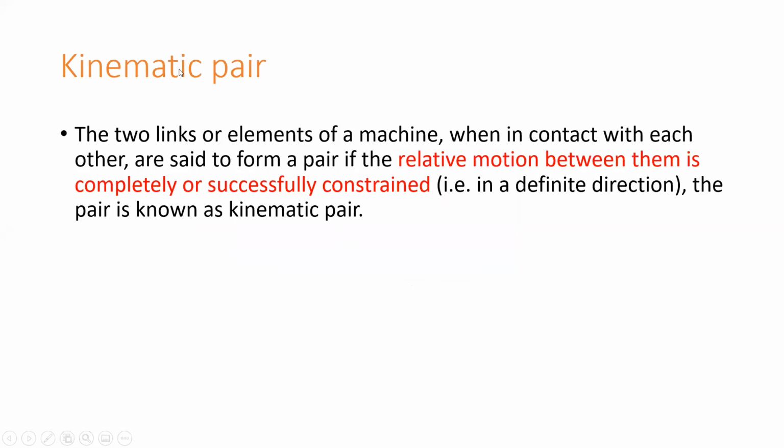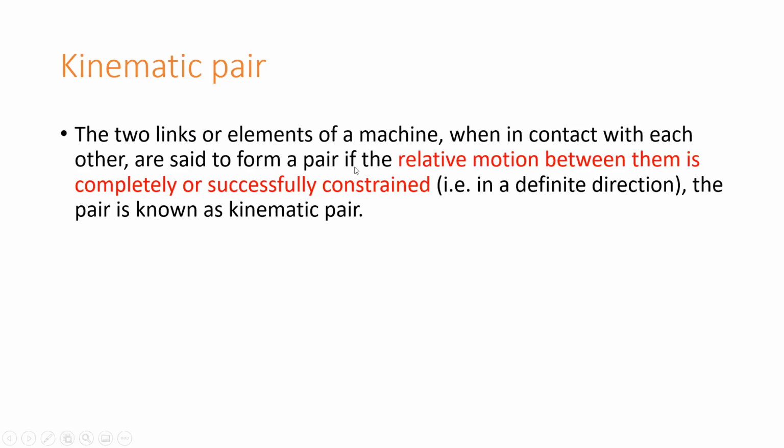Next is your kinematic pair. Now you have seen what is kinematic link. So what is now kinematic pair? Pair means two things make the pair. How do you define the kinematic pair? When the two links or elements of a machine are in contact with each other, they are said to form a pair.